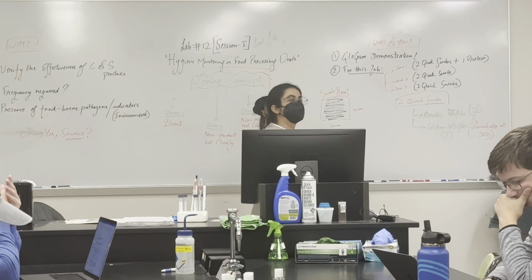Next part: if you see the reference sheets, for this particular lab we have divided the production area into 3 zones. For each zone, you have to take 2 quick swabs, one for the aerobic petrifilm and the second one for the coliform petrifilm. You have to go in the plant and take the swab samples.